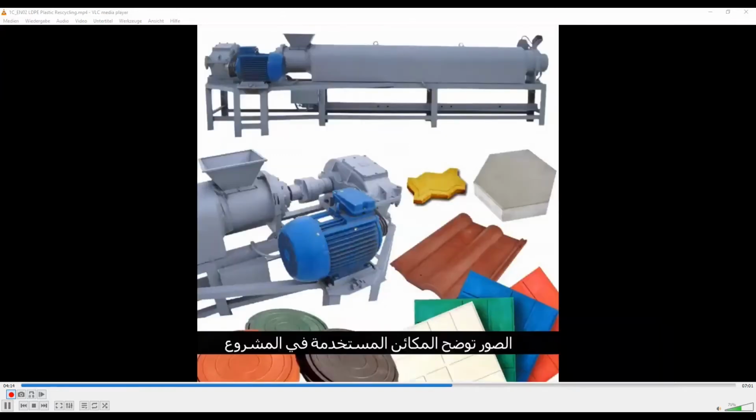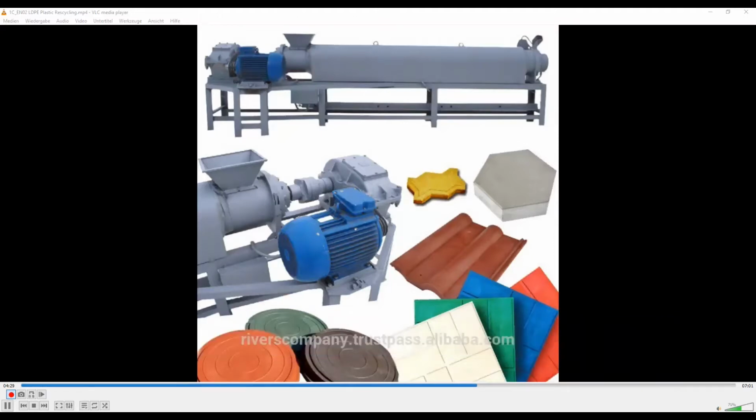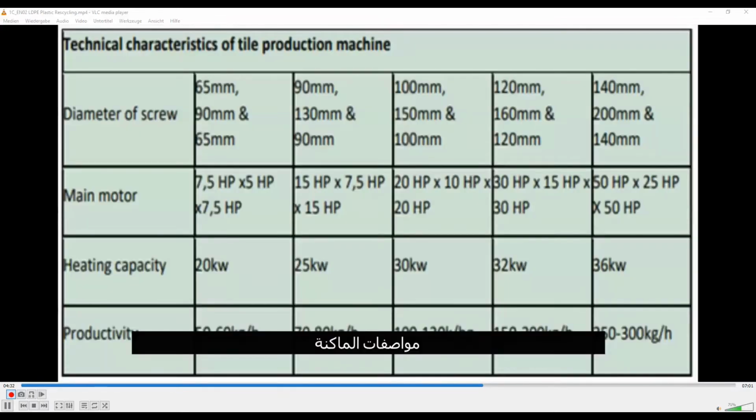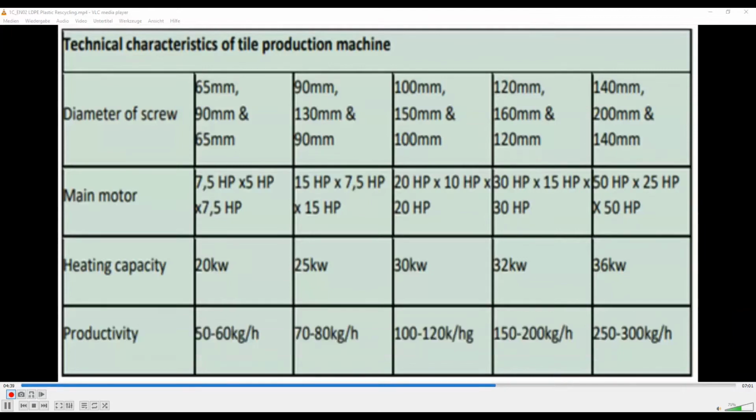And the machine we need to use is about $20,000 in price. This machine we need to use to create such tiles. And you can also see the hydraulic compressor next. This is the machine, and these are the characteristics of the tile production machine.